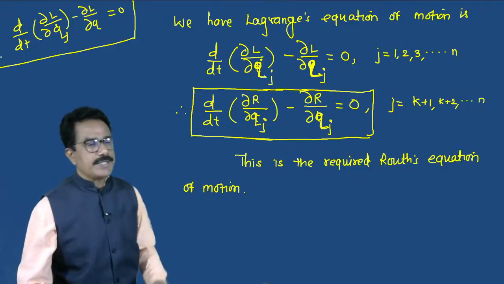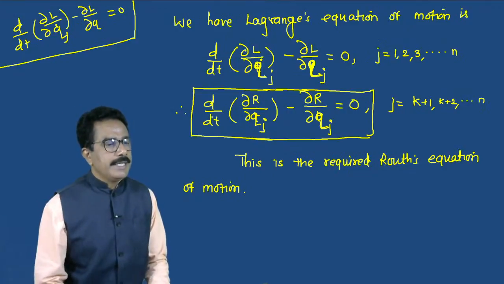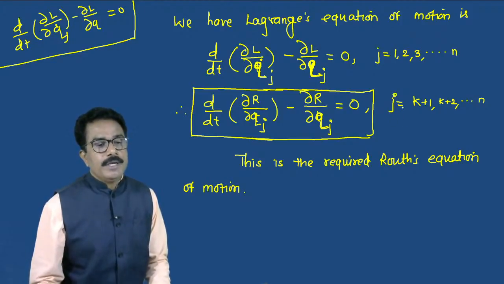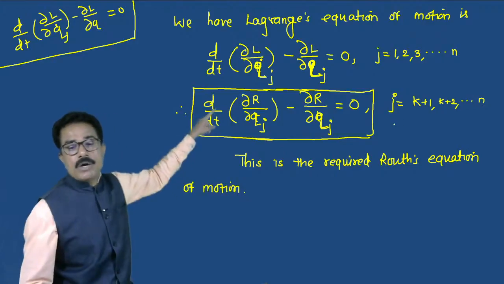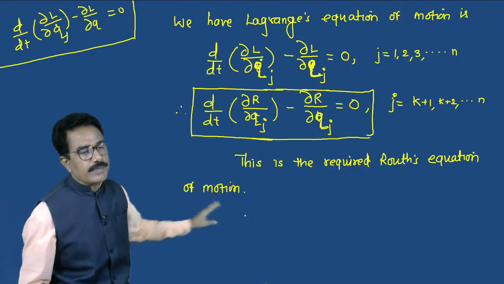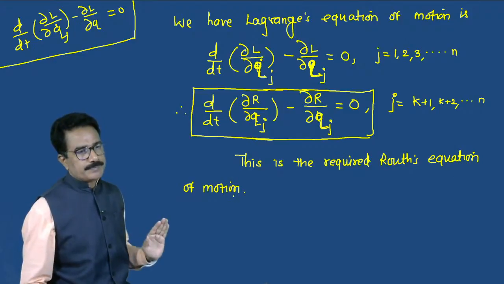So Routh's equation we can write: d/dt of ∂R̄/∂qj dot minus ∂R̄/∂qj is equal to 0, for j is equal to k plus 1, k plus 2. This is the required Routh's equation of the motion.